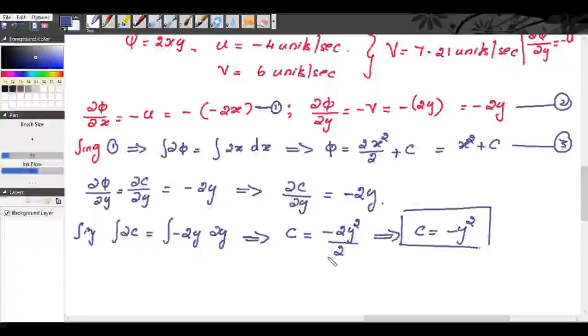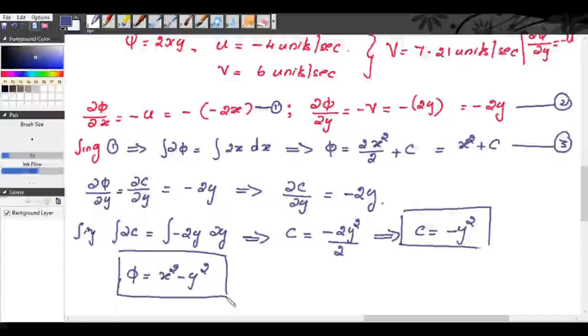So substituting this value in equation 3, we get pi is equal to x square minus y square. So this is our required answer.